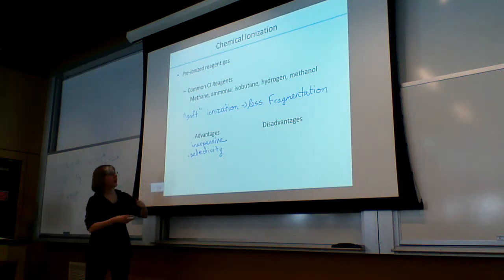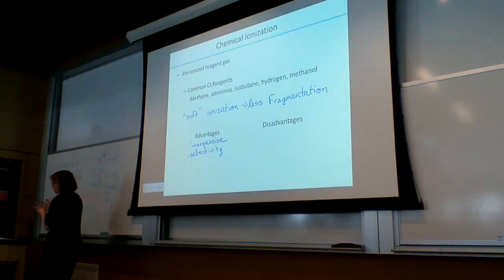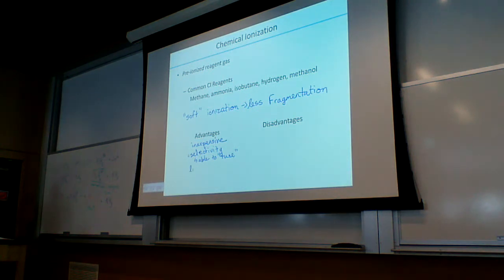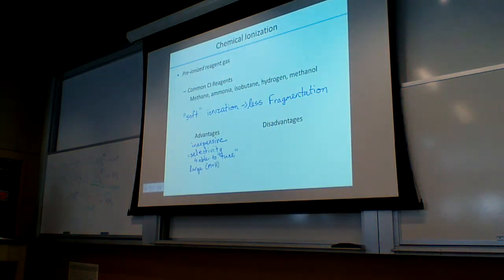And so you have the ability to tune for the different molecule you're looking for. Based on what reagent gas you use, you're going to have a large M plus H plus peak, and that's going to be your molecular ion.